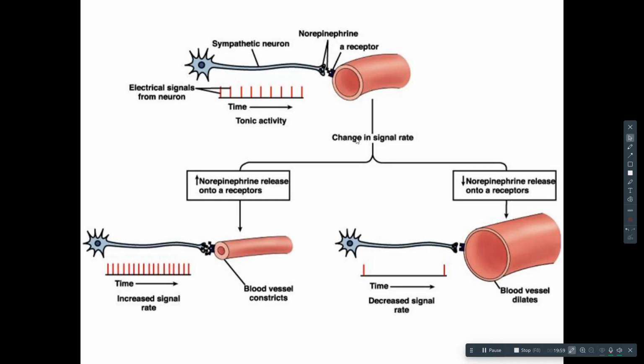I can release more norepinephrine and get that tunica media to contract more and get my vessel to constrict. Or I can release less norepinephrine from that motor neuron, get my tunica media muscle to contract less, to relax in other words, and the blood vessel dilates.